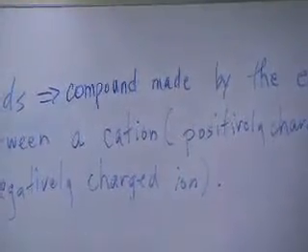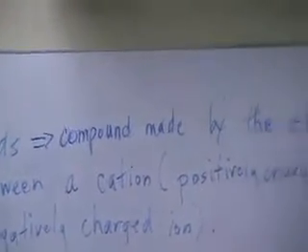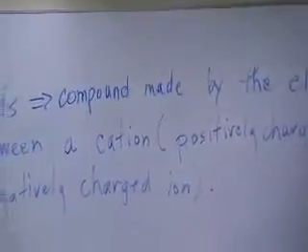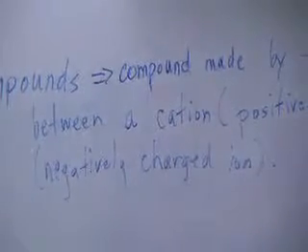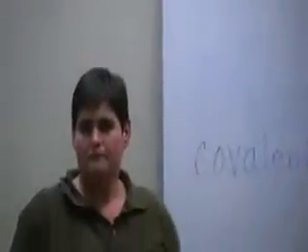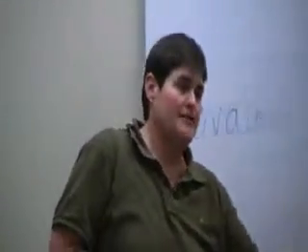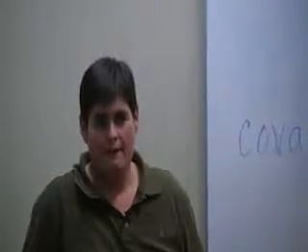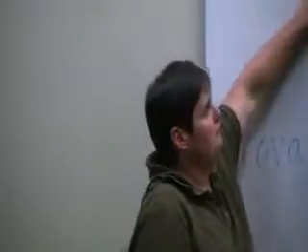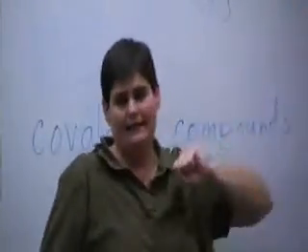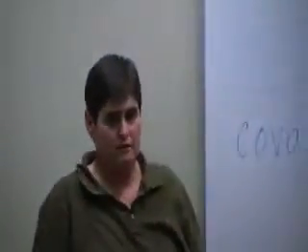Okay, so an ionic compound is a compound made by the electrostatic attraction between a cation, which is a positively charged ion, and an anion, which is a negatively charged ion. In other words, you have a transfer of electrons. Something has lost electrons to make a cation, and something has gained electrons to make an anion. All right? So ionic compounds are those compounds between cations and anions, plus charge, minus charge.